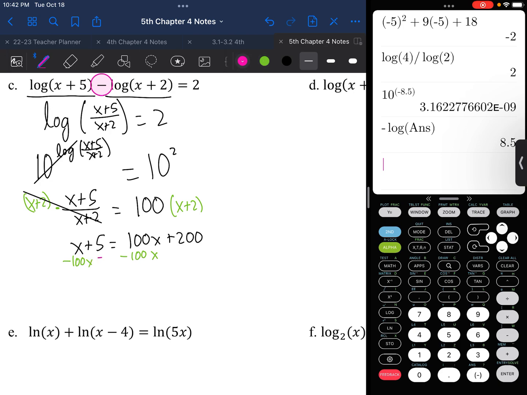You got to get everything that's not an x away from it. So x minus 100x is negative 99x, and that's going to be equal to 195. So then x is equal to whatever 195 divided by negative 99 is.